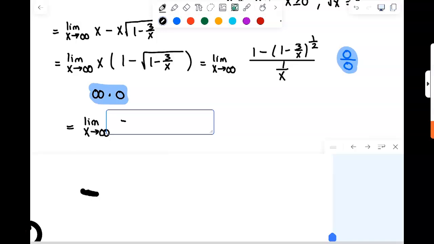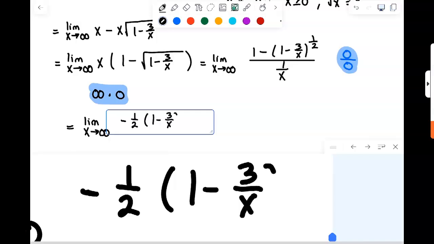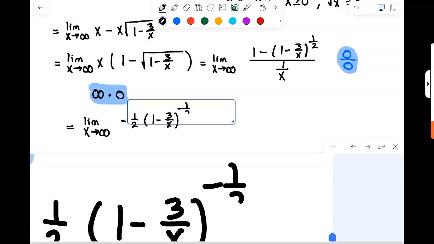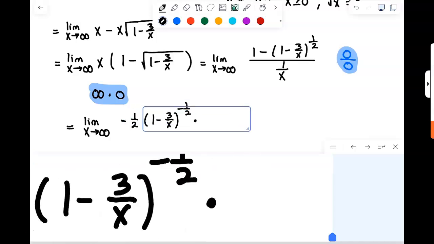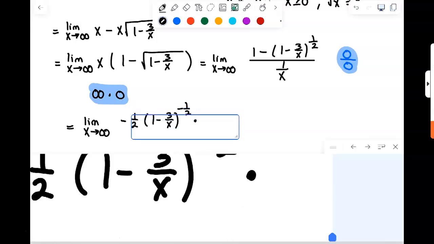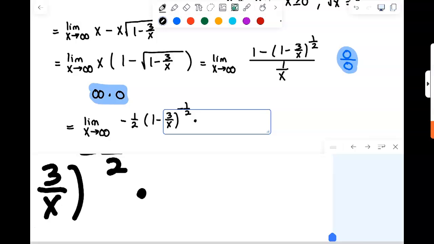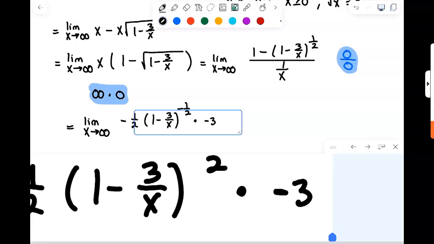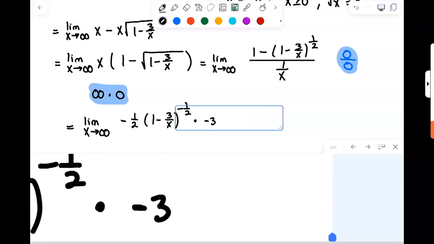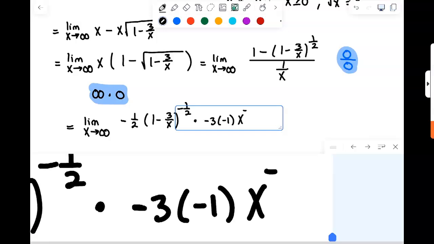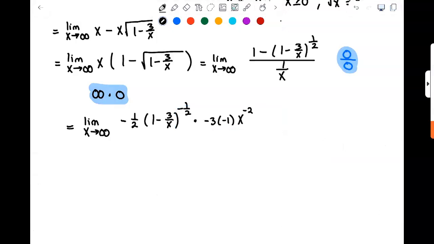So we would multiply by the exponent, 1/2, that stuff to the minus 1/2, times the derivative of the inside, the derivative of negative 3 over x. That would be negative 3 times x to the minus 1. So for the derivative of x to the minus 1, we would multiply by minus 1, and we would drop the exponent by 1.